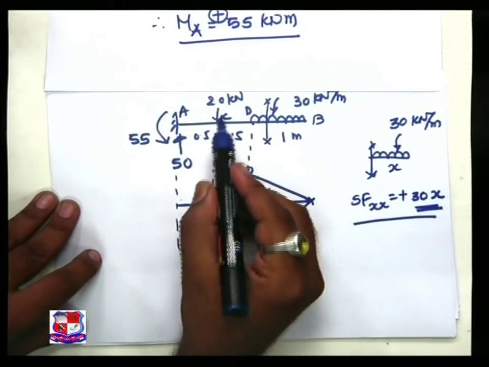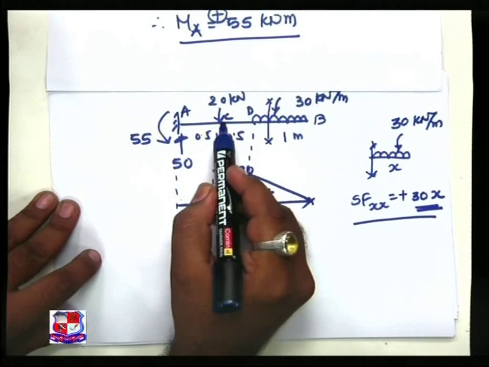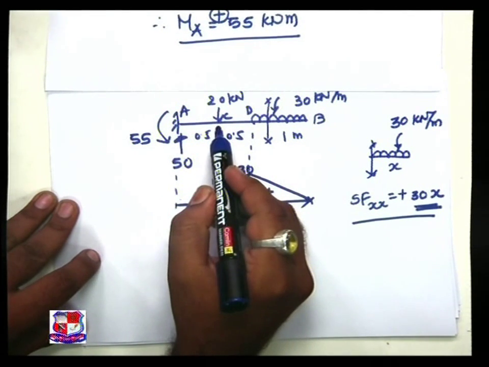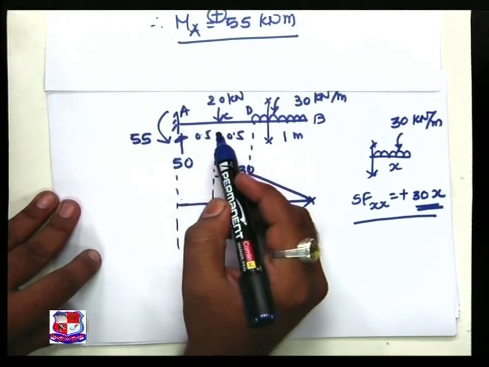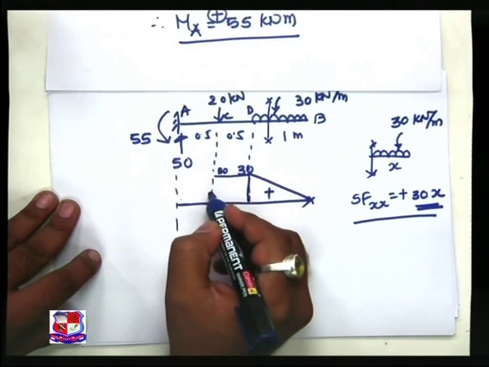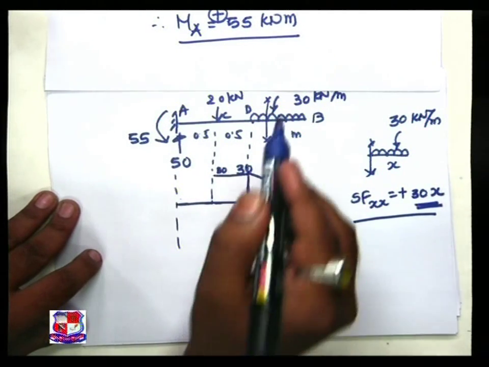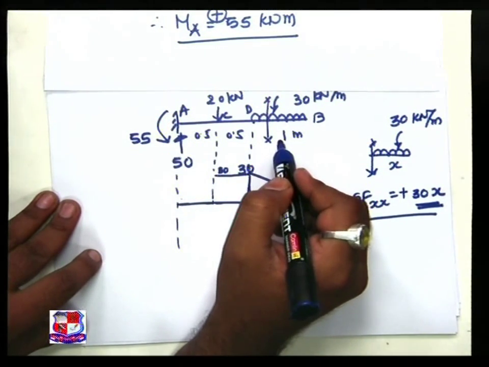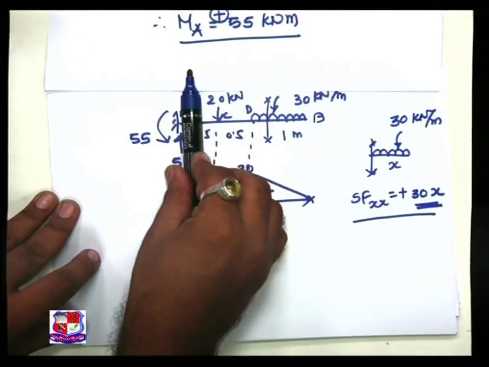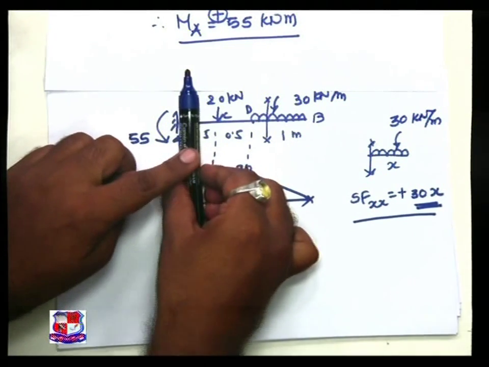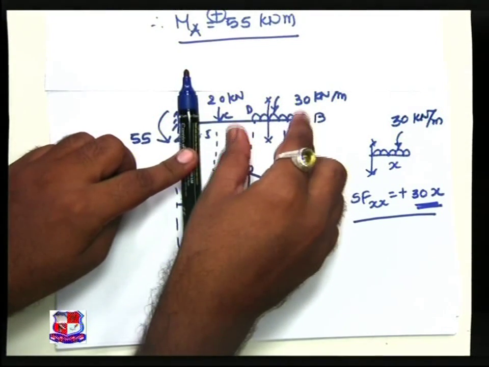Next, this 20. At this C point, the point load is acting, so the shear force variation is given by a sudden change at that location. Now the question may arise whether I will go downward or upward. See, this 30 into X is acting on the section right downward. If I take a section over here, both the loads, this UDL and this point load, have the direction downward.